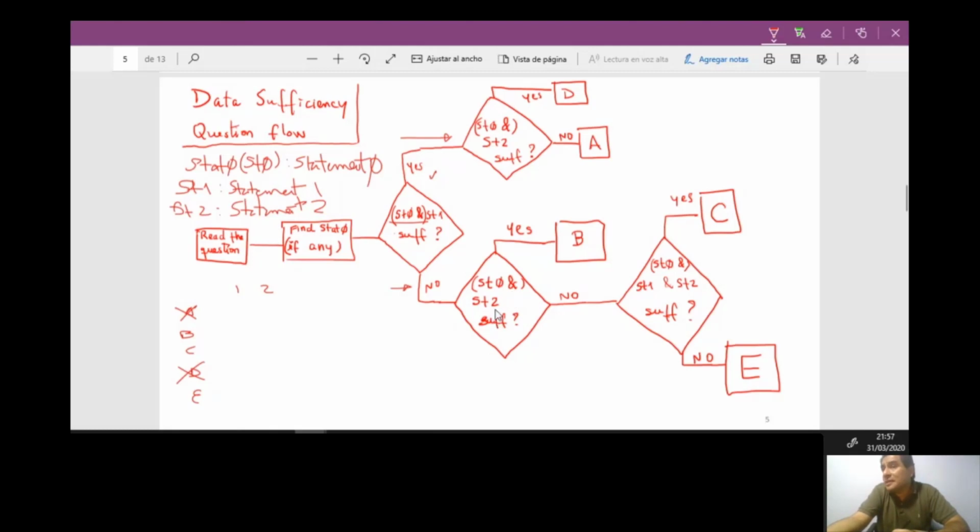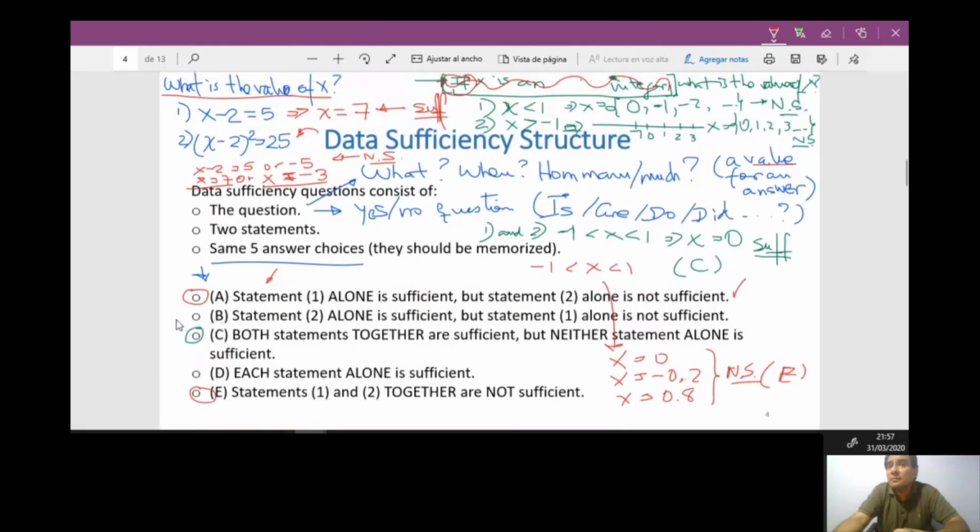If you consider statement 2 sufficient after statement 1 seemed not sufficient to you, then your answer choice must be B, which says statement 1 alone is not sufficient, but statement 2 alone is sufficient. Remember? Here.